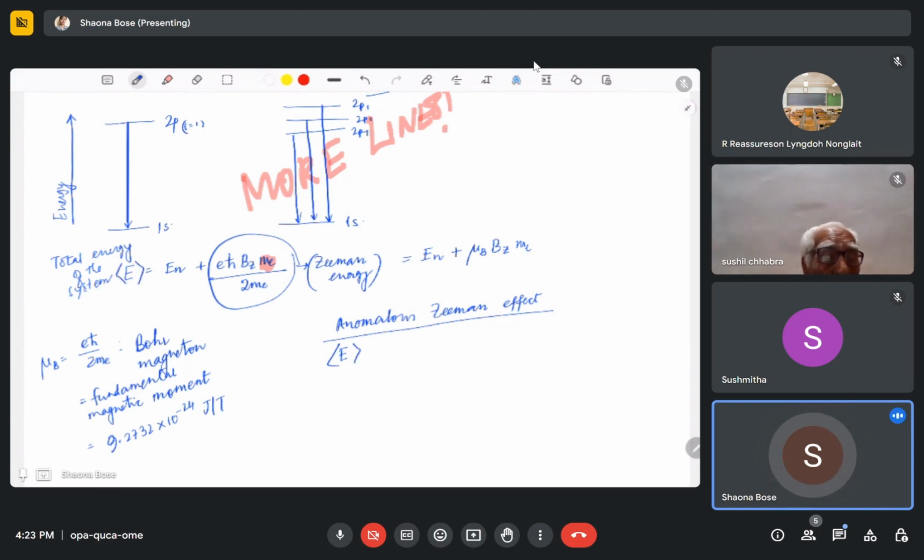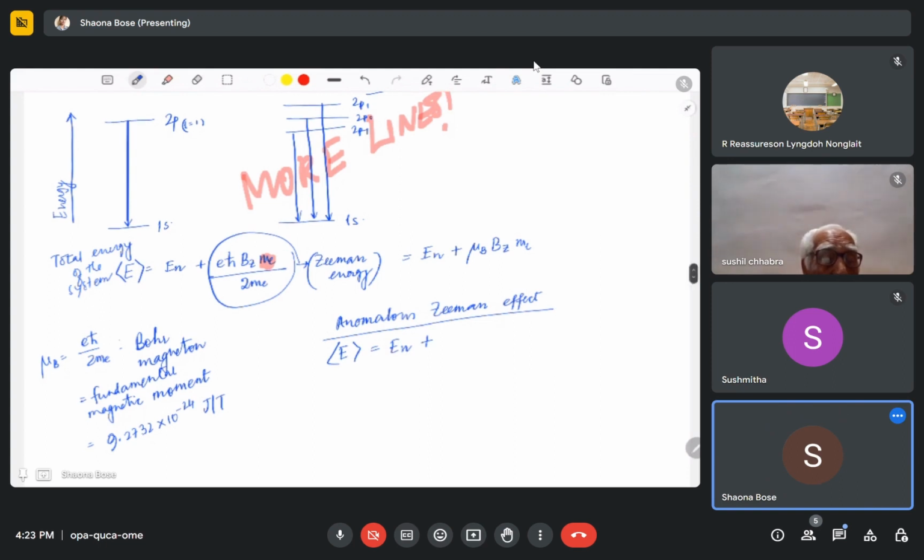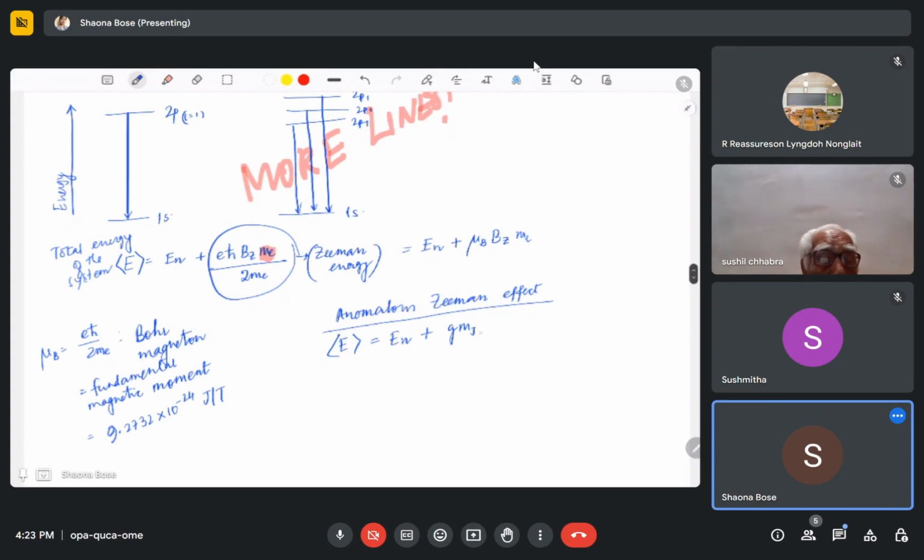where E, rather the average E, to generalize it more, we have En plus g MJ mu B Bz. So just this one. Instead of ML, we have g MJ.